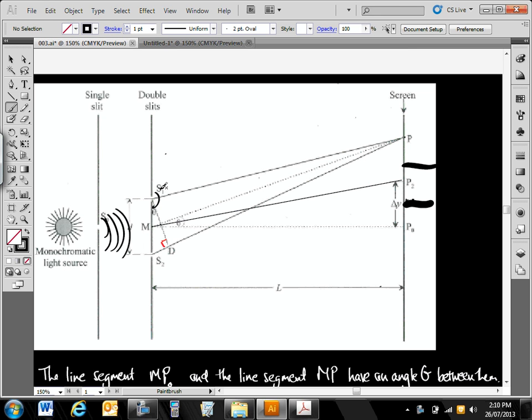Hence that wave diffracts through there and diffracts through there. And as a result, they interfere with each other, and we see an interference pattern on the screen over here.